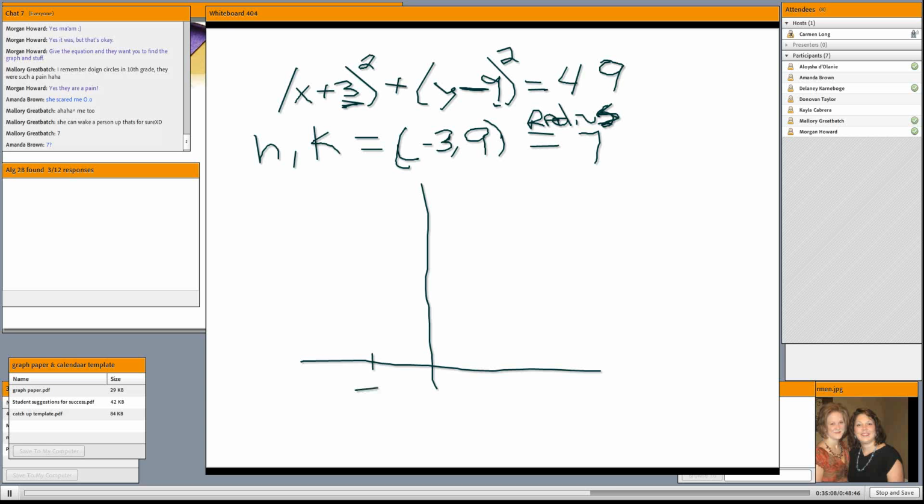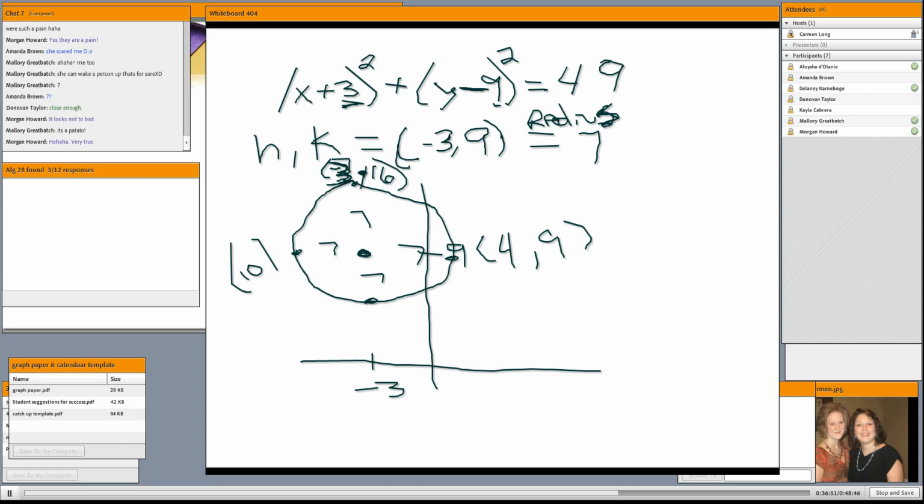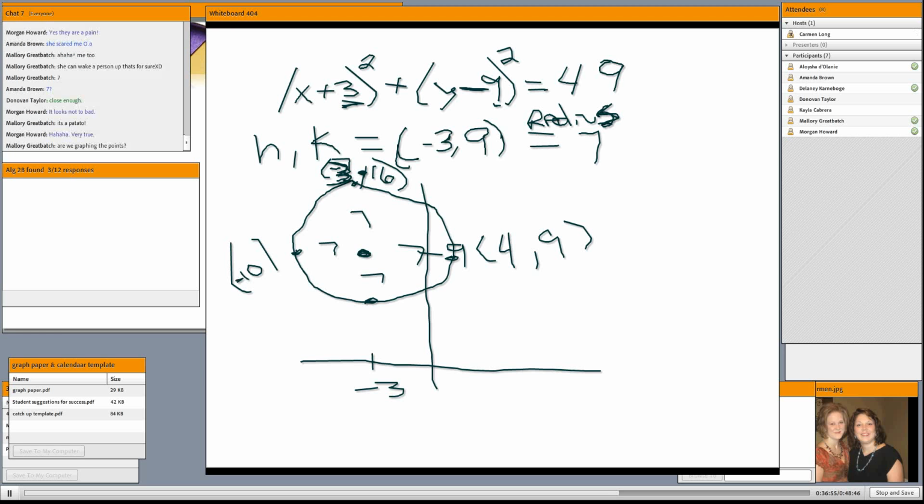And this one should be 7, 8, 9, 10, -10, 7, -9, -10, 9. I'm just giving you the ordered pairs of where these should be on your graph paper. Uh-oh. That's not what I wanted to do.